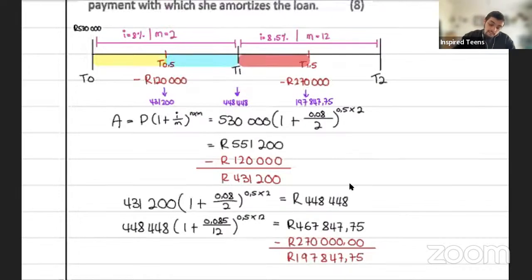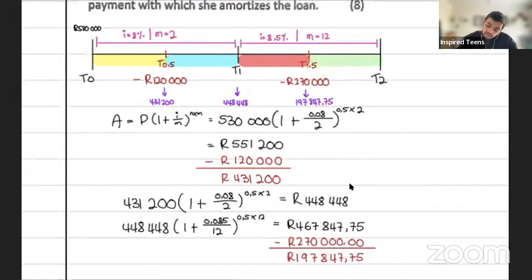Then remember, she makes a final payment when? She makes her final payment at the end of 2 years. So from that 1.5 year mark to the 2 year mark, that's a 6 month period where the money she still owes is going to grow. The amount of interest is going to grow, and the amount that she owes is going to constantly increase.